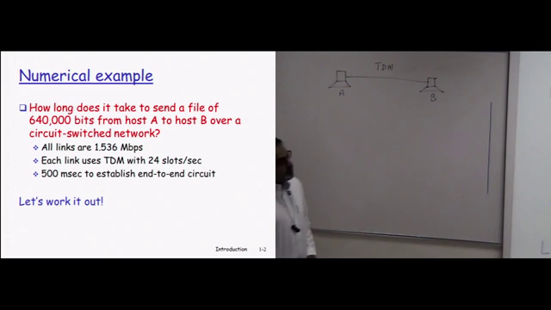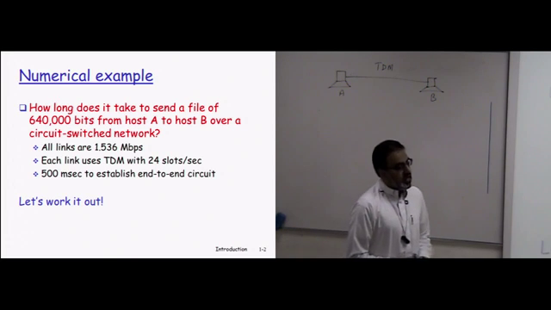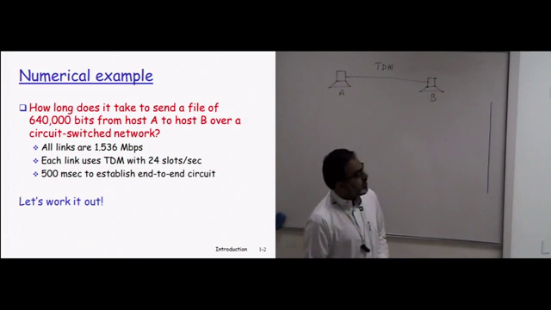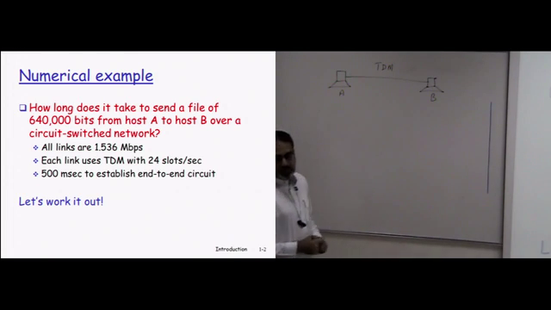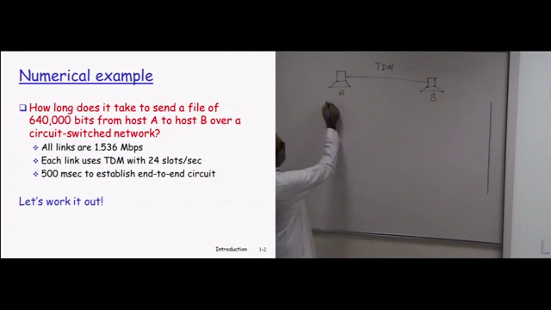It means the link will be divided into different time slots. All the links are carrying an equal data rate, which will be 1.536 megabits per second.